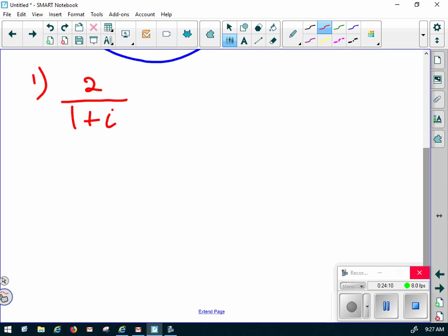How many terms do I have in the denominator? I got 2. So I got a binomial in the denominator and I got an i in it. I've got to do a conjugate. What's the conjugate? 1 minus i. You bet your boots. It's 1 minus i.